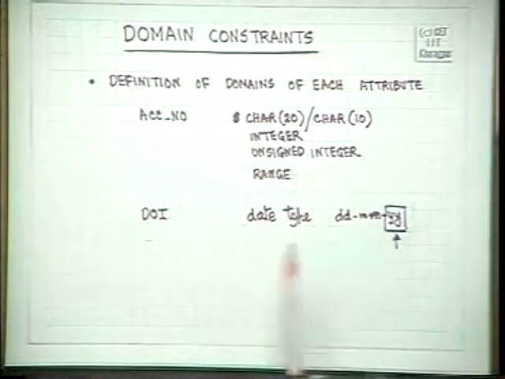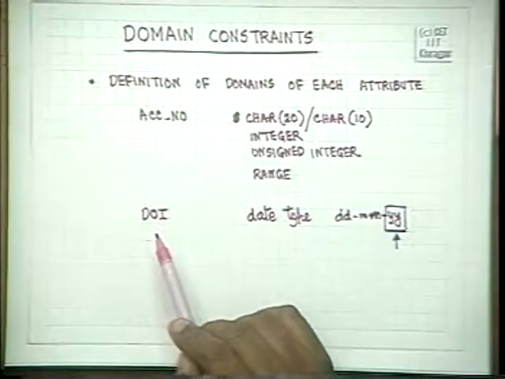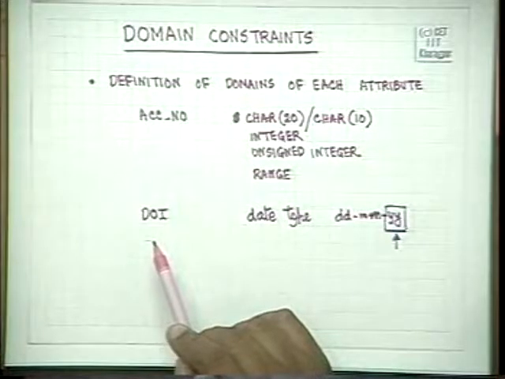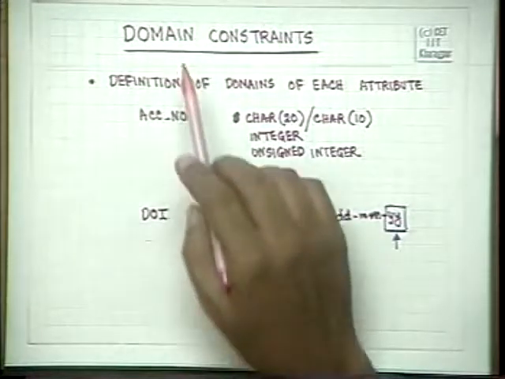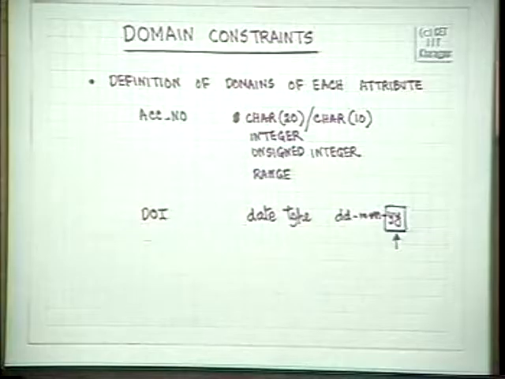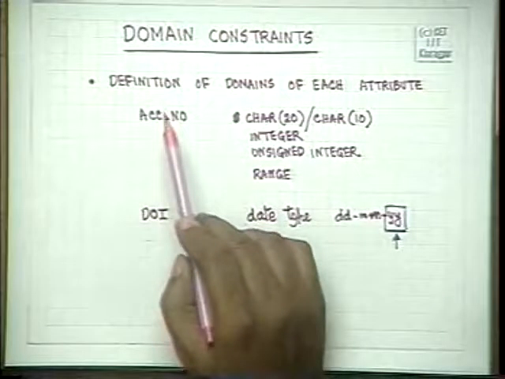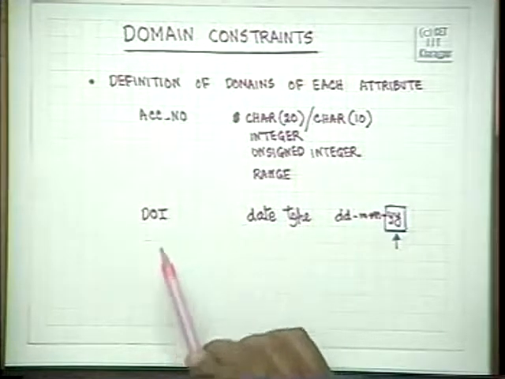So, the accuracy of specification of the attribute is the first and a very important thing in the domain constraint. Along with these, you can specify some additional constraints which must hold on the domains.